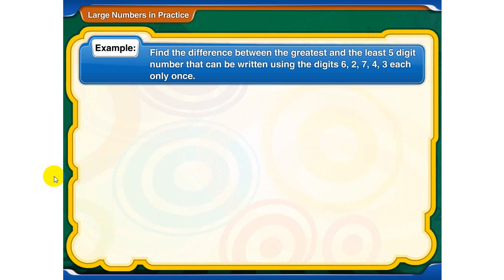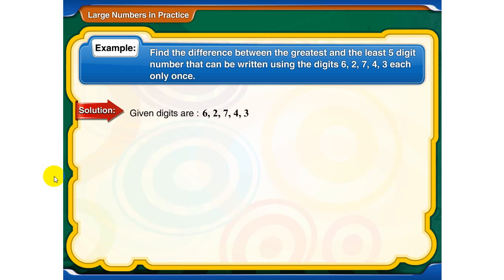Example. Find the difference between the greatest and the least 5-digit number that can be written using the digits 6, 2, 7, 4, 3, each only once. Solution.